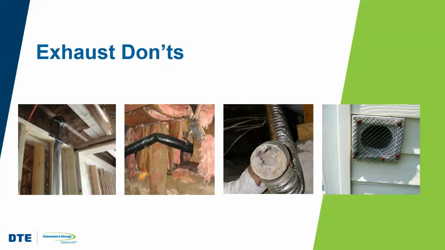Creating damp environments that can harbor mold and rotting insulation and things like that. We definitely don't want to have too long of a duct run with a bunch of elbows here, where we end up with a dryer duct that's full of lint. Again, this could create a fire hazard. And we don't want to screen over that either, because again, that could trap lint.